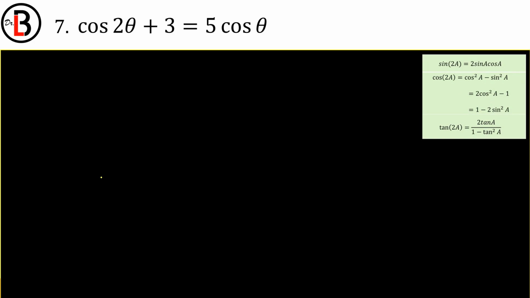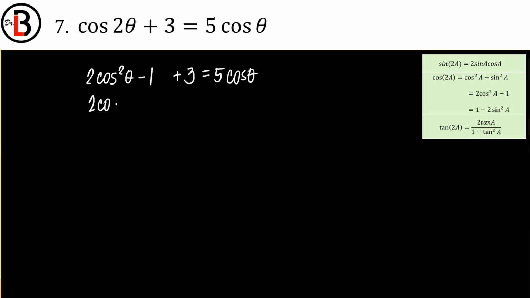So what I'll do here is cosine 2 theta is 2 cosine squared theta minus 1, plus 3 is equal to 5 cosine of theta.